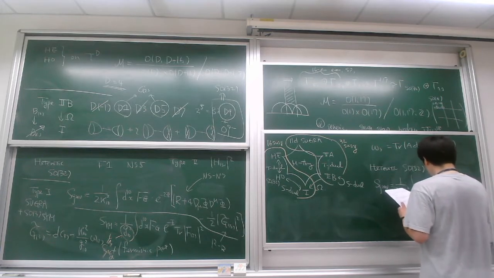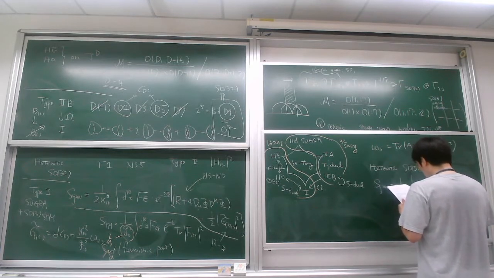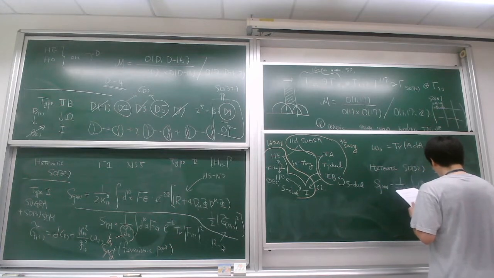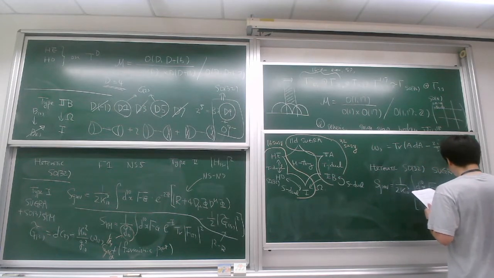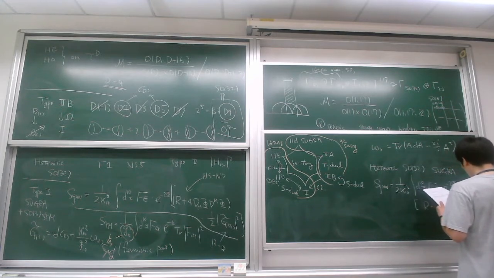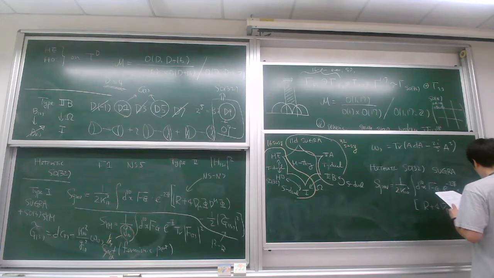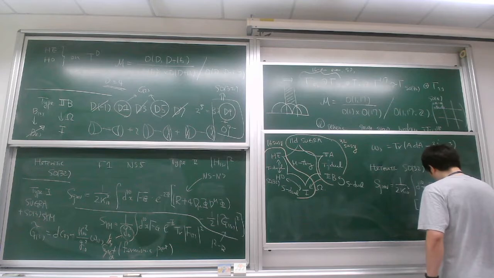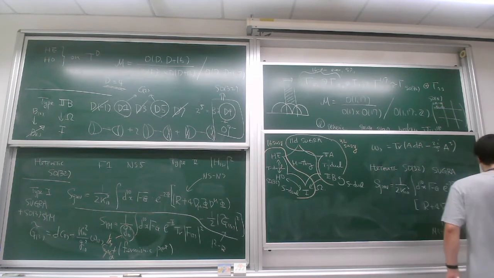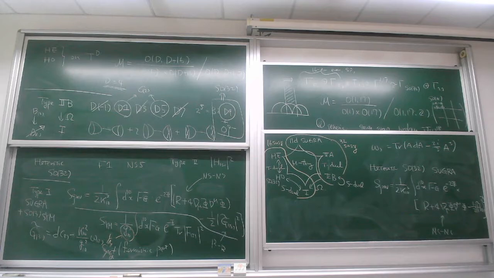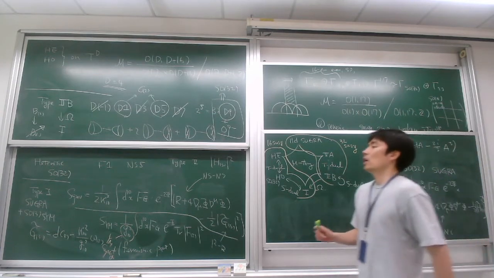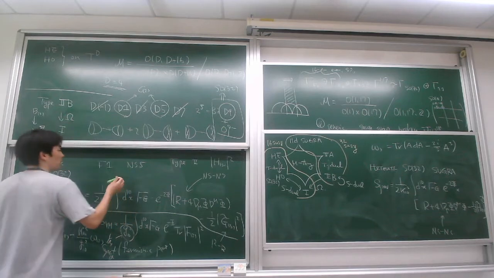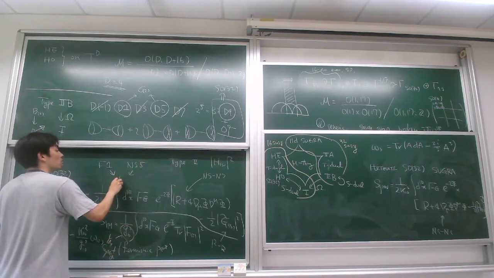We have R plus 4 (partial mu phi) squared, and then H3 squared. So this is really the NS-NS sector, and this is really the B field, since the heterotic string has F1 and NS5 that couple to B2.